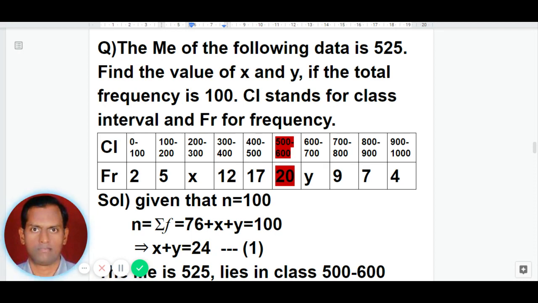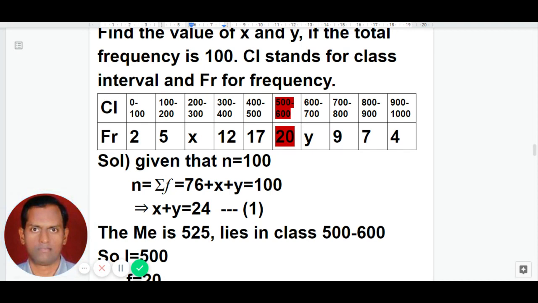Here, median is given. Find the value of x and y if the total frequency is 100. Total frequency means n is equal to sigma f. CI stands for class interval and FR stands for frequency. Given that n is equal to 100, n is equal to sigma f, by adding these frequencies we obtain 76 plus x plus y is equal to 100.